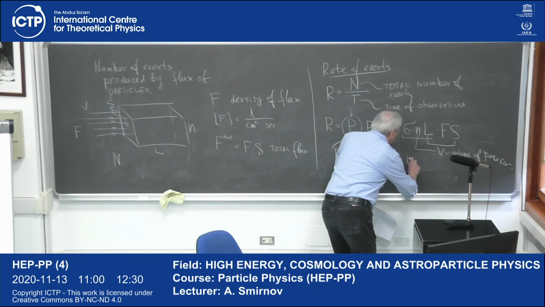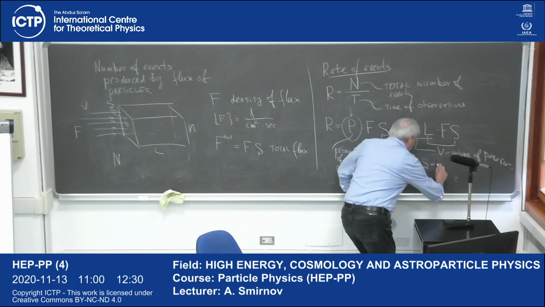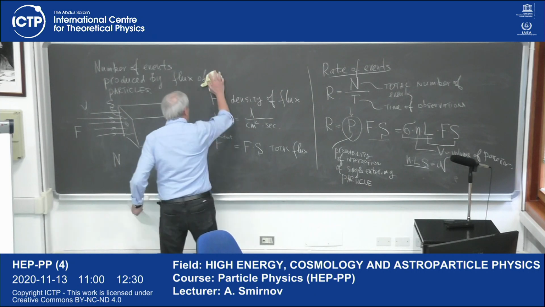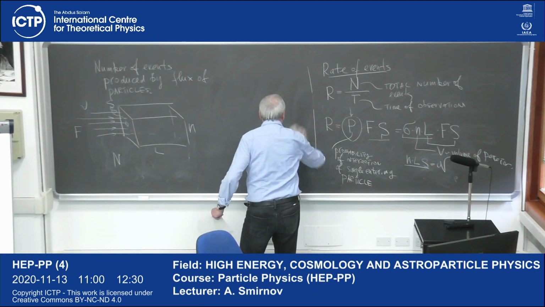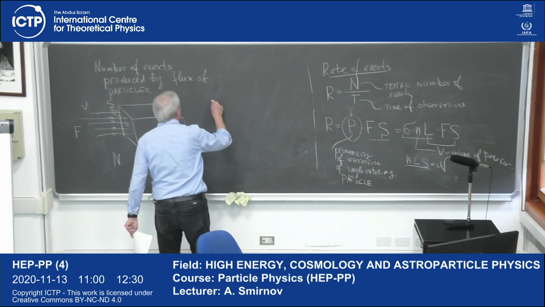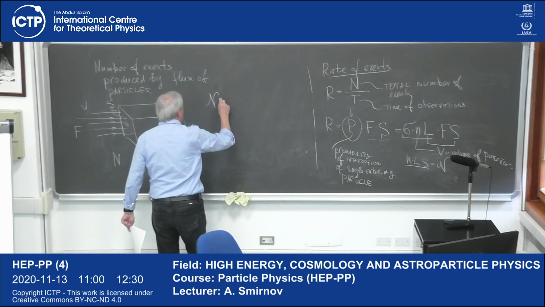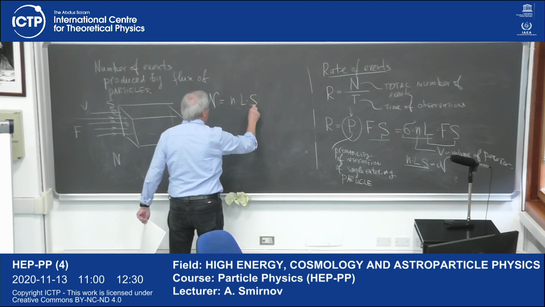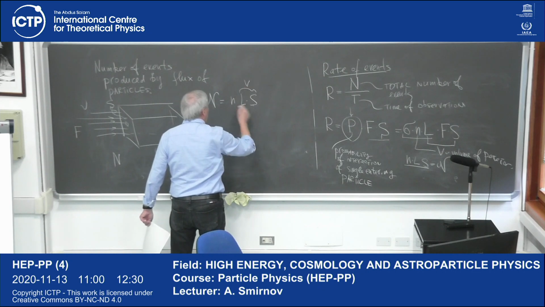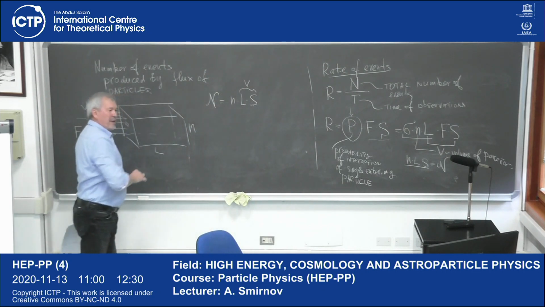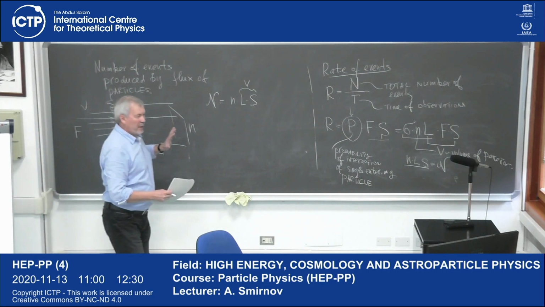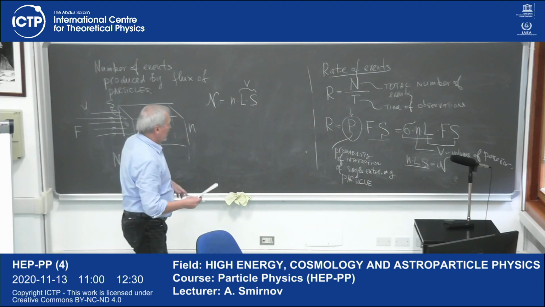So n, which is density, times L times S, which is the volume, gives me the total number of scatterers in my detector. This derivation doesn't really depend on the configuration, unless the flux is not isotropic.